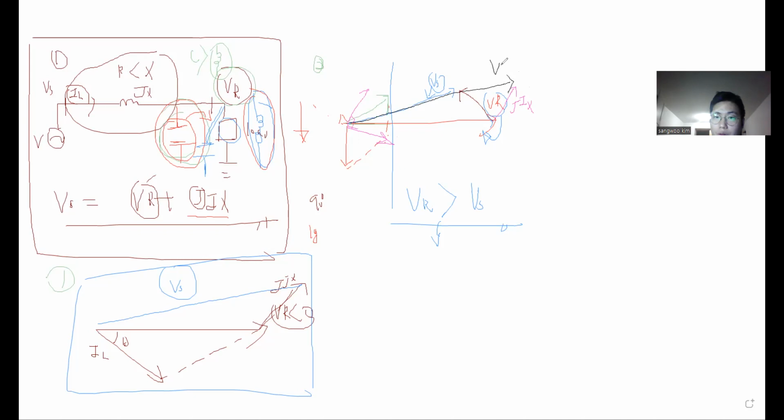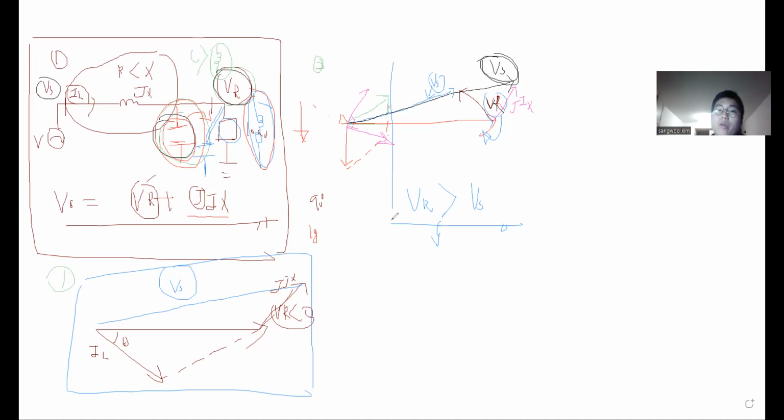Since we add L to absorb the reactive power from this VR part, this voltage is getting lower, and so we make it normal, our situation, you know what I mean?